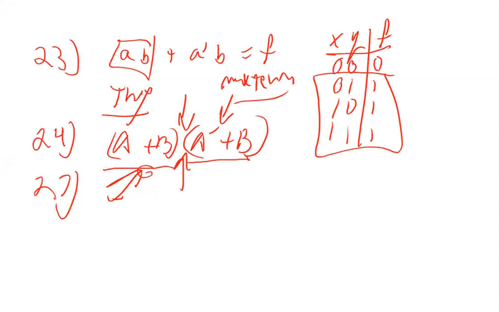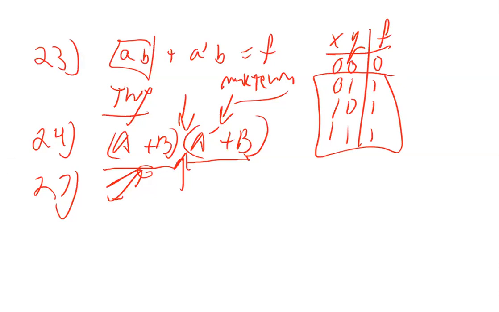Oh, 27 says that the product of max terms is the product of sums, and so there is an AND operation between the max terms. So AND has maximum satisfiability because the output will be true if and only if all the max terms are true.